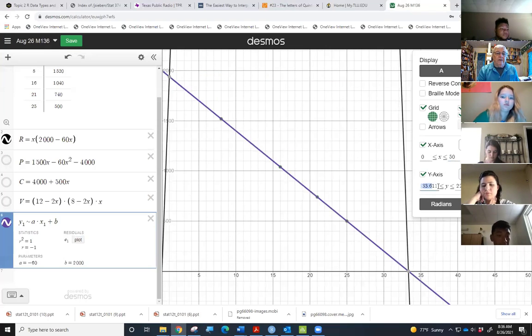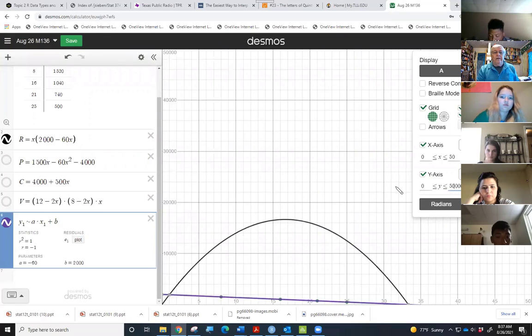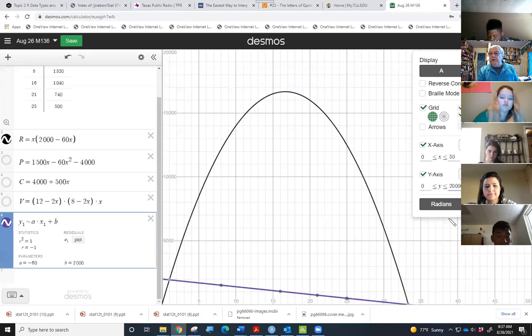But y, I want to run between 0 and, the beautiful thing about not sketching by hand and using something like Desmos is you can fiddle with it. You don't have much invested. So I kind of guessed here that y would work for us if it was between 0 and 50,000. Well, yeah, it works, but really all I need is about 20,000. So it doesn't cost me much. That's a better picture.